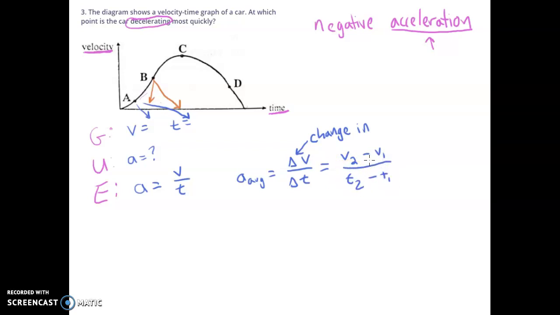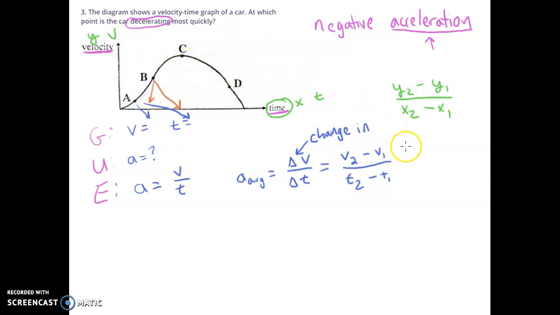Now, what does this look like? This should look very, very familiar. This looks like y2 minus y1 over x2 minus x1. All I've done here is, instead of writing x, I've written t, and instead of writing y, I have a v.